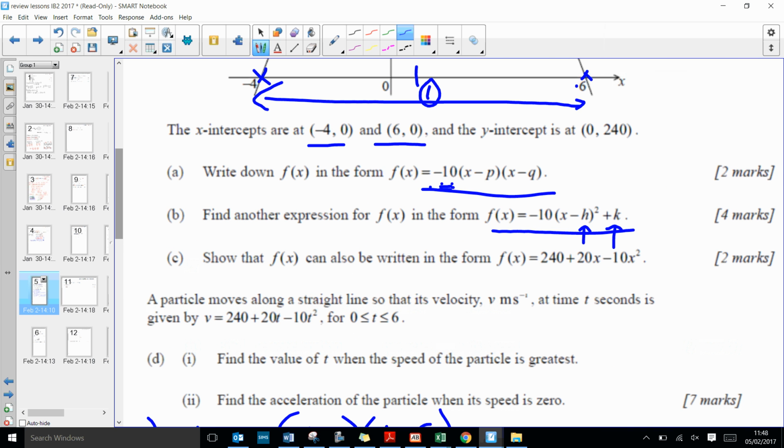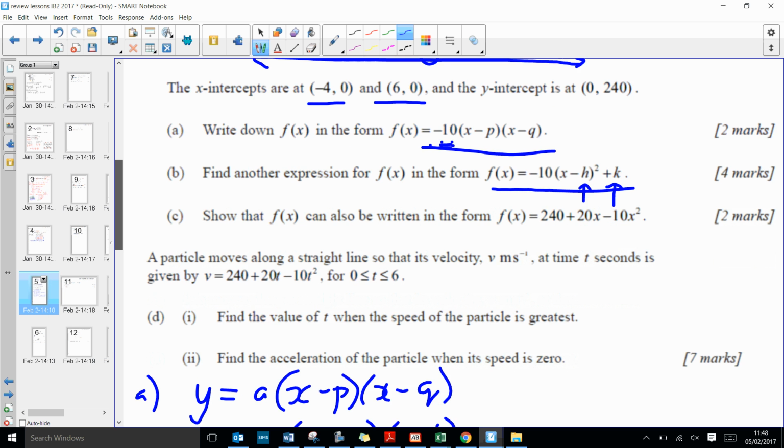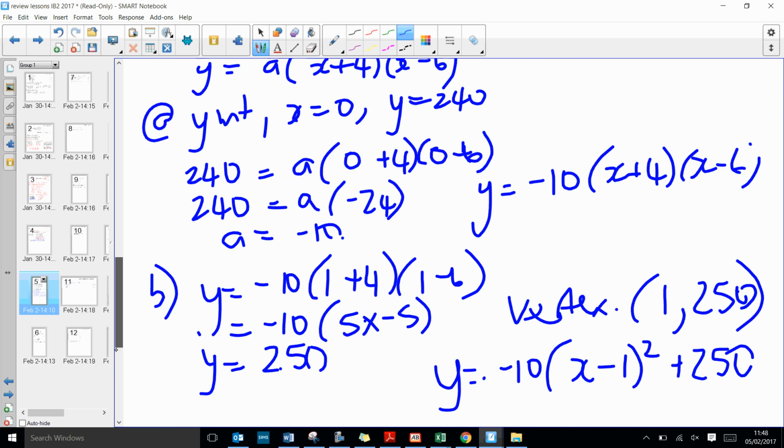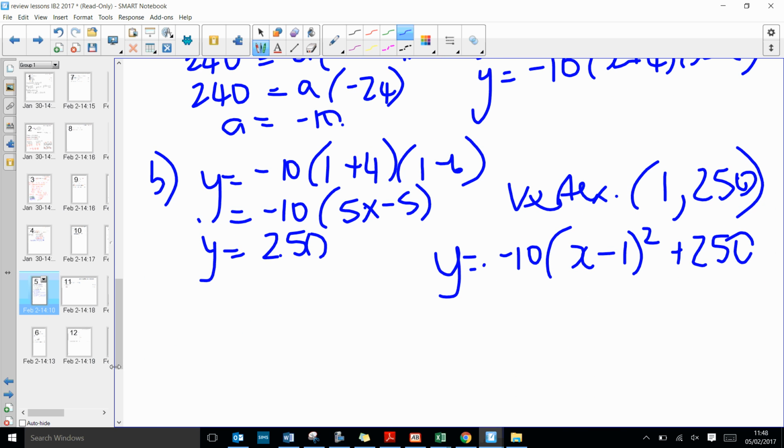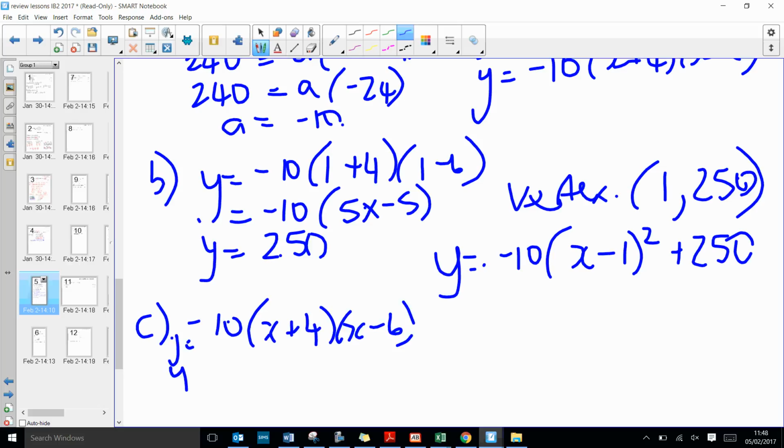Show that f(x) can also be written in that form. Obviously this is just going to involve expanding out one or both of your previous answers from A or B. Neither is more simple than the other. I'll show you both just in case. So if you've got negative 10(x plus 4)(x minus 6), let's focus on the brackets first and expand those.